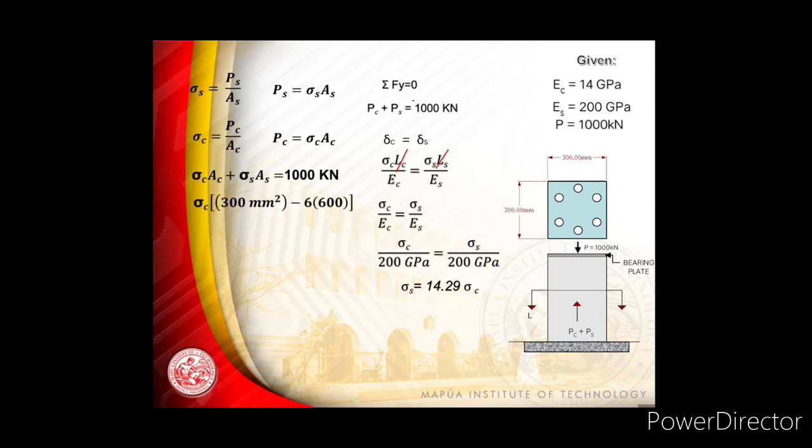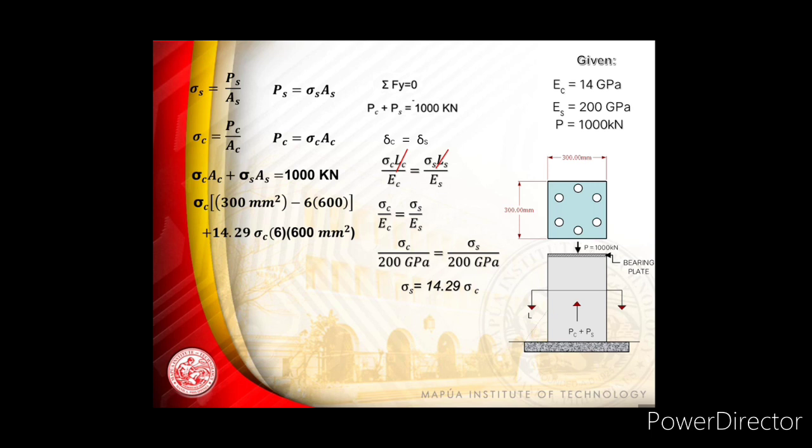So the stress of concrete multiplied by the area of the concrete, wherein the area of the concrete is 300 times 300, so 300 squared minus 6 times 600, since we are deducting the area of the steel. That is the force of the concrete, plus the force of the steel, which is 14.29 the stress of the concrete, as computed previously from the comparison of deformations, times 6 times 600.